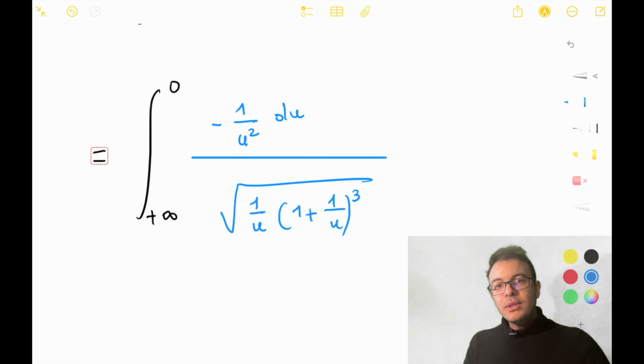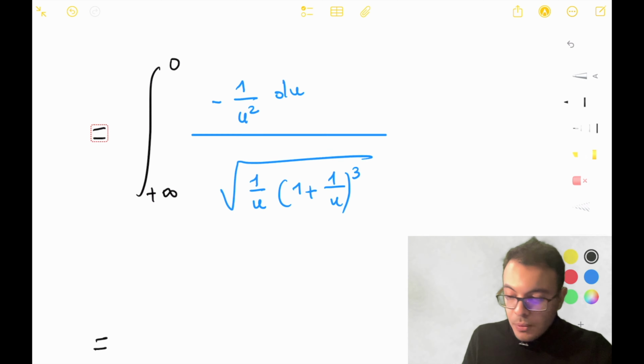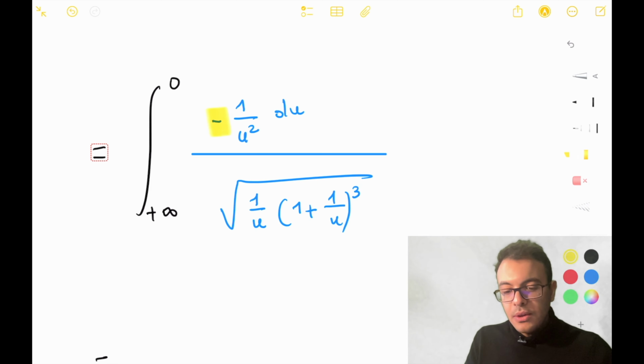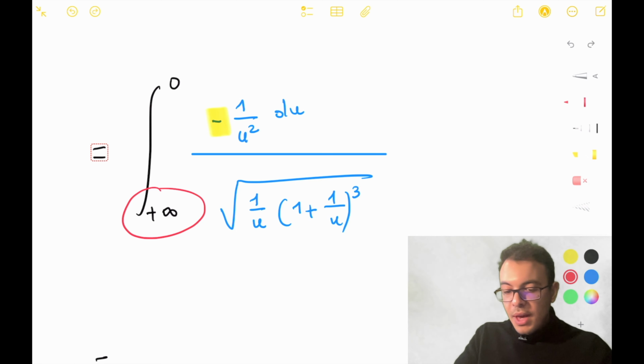So let's now try to simplify this expression. You can notice that we have a minus 1 here, so this negative sign is going to change the borders we have here.